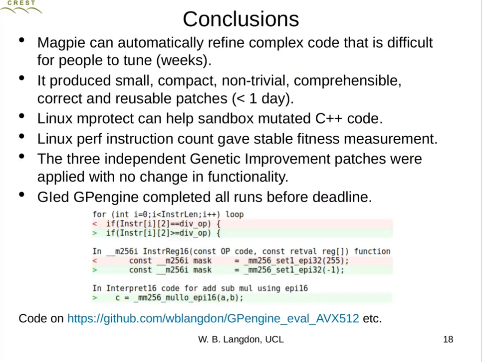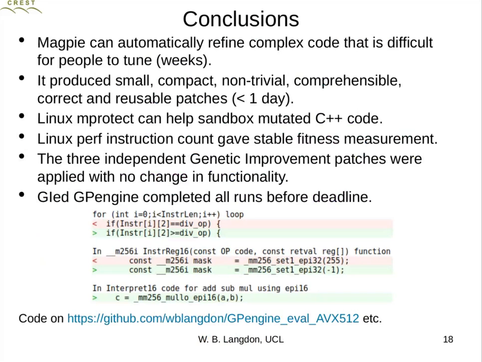In practice, we could run it much faster than that, but as I said, we want to have a uniform set of parameters. Linux mprotect can help with the sandboxing, and it's useful in this case. As has been previously demonstrated, the Linux perf gives a very stable fitness measurement in terms of how long it takes the code to actually execute.